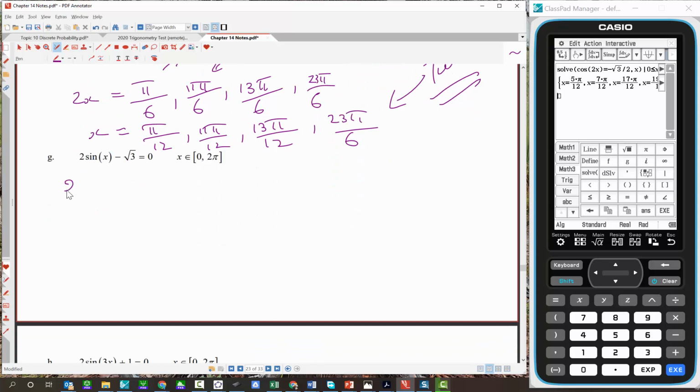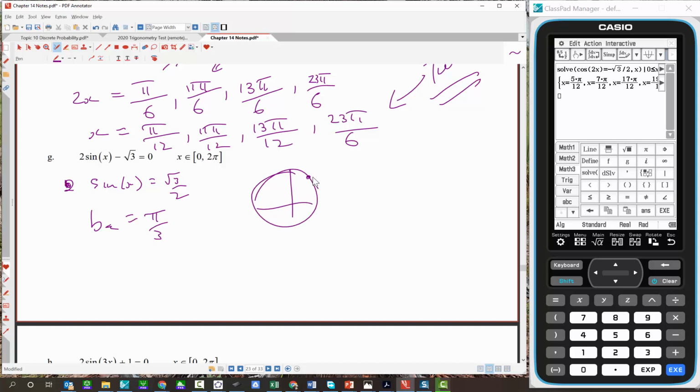Okay, another one. I could solve this one as is, but it's much easier to reprocess it. Sine of x equals root 3 on 2. What's our base angle? So when is sine equal to root 3 on 2? It's going to happen at pi on 3.